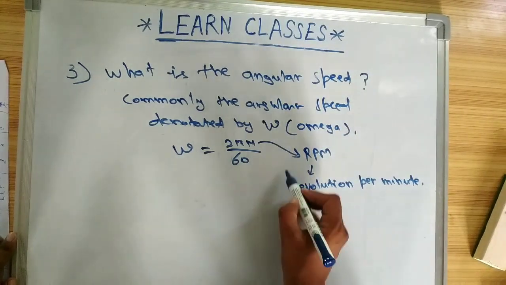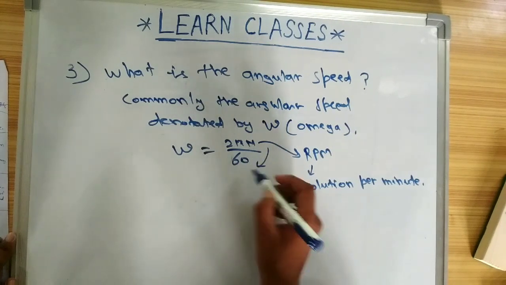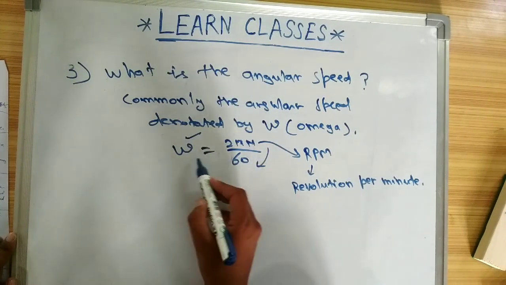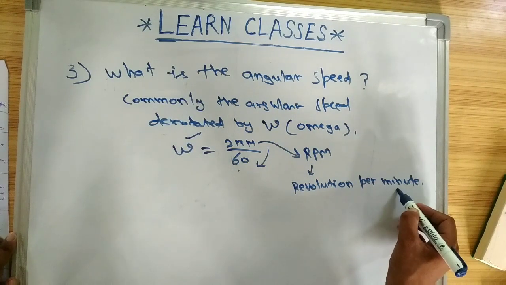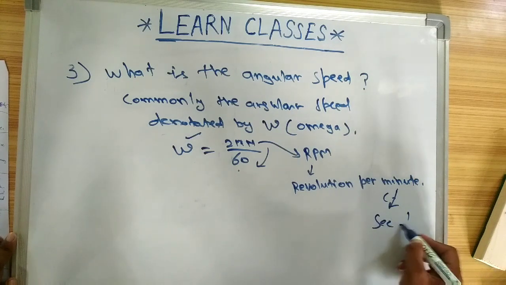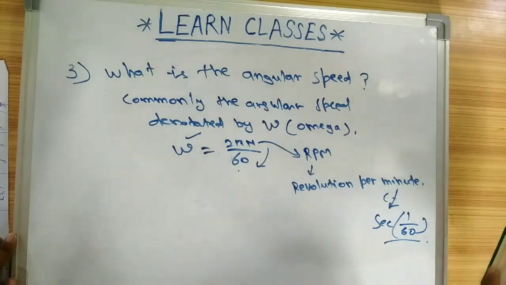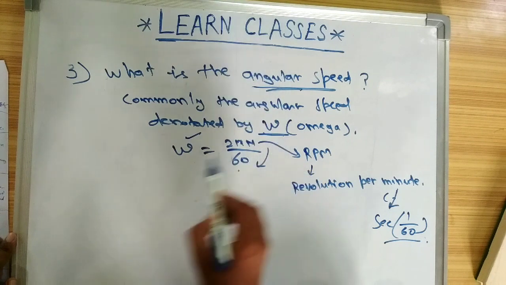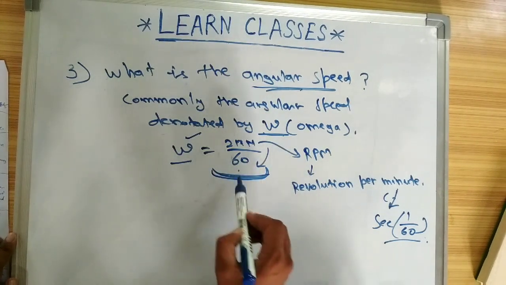Dividing by 60, we convert revolution per minute into revolution per second. So angular speed is denoted by omega, and the formula is omega equals 2 pi N by 60.